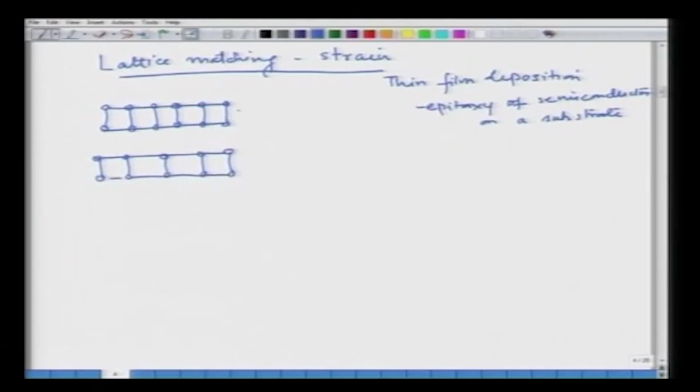Let us say the lattice parameter of the film is AF and that of the substrate is AS.